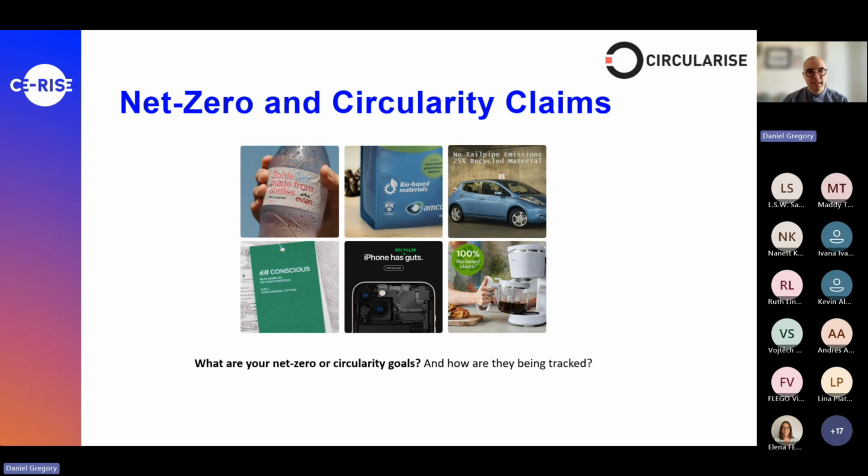So a good way to start thinking about this is the idea of net zero and circularity claims. There are a lot of them going around. They're oftentimes very well intentioned, but they're also very, very hard to verify, especially for an individual consumer.